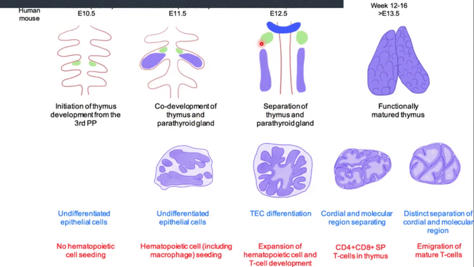So if these two don't separate, there is a possibility that the inferior parathyroid glands may be found within the superior mediastinum. Then down here is what we'll be discussing under thymic education.